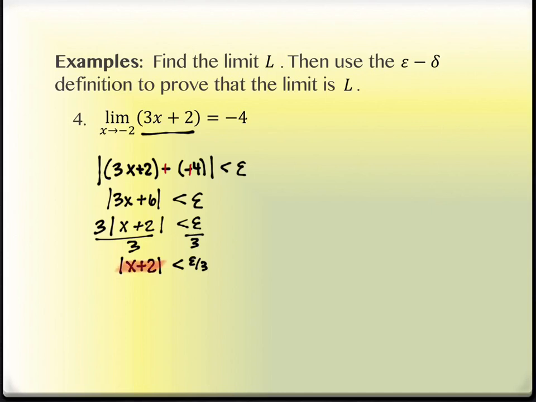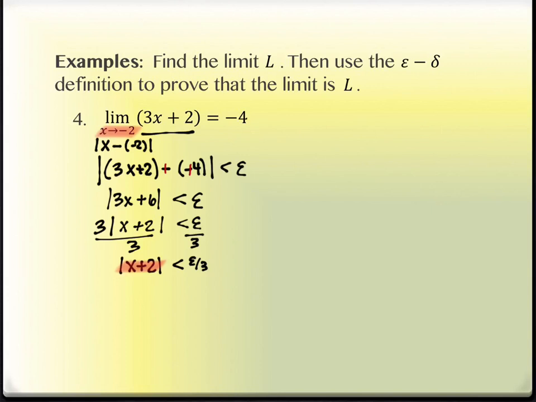This piece right here should match this piece down here. This says that x approaches -2, which means I'm going to have an absolute value of x minus the limit that it's approaching, minus -2, which is x plus 2. So when I get to the end and I get x plus 2, that is exactly what I needed it to say.